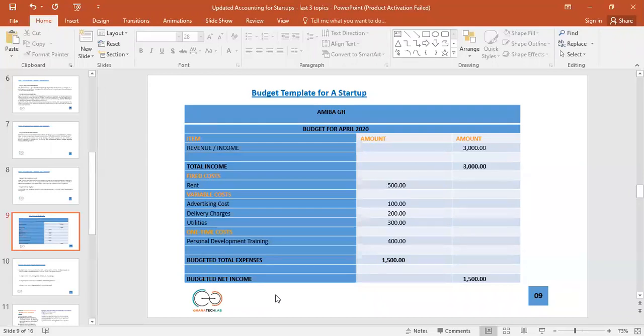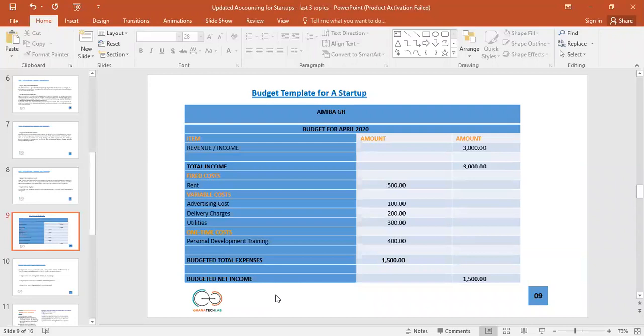Then advertising costs. Probably she had to do more advertisements so she could get more sales in order to meet the revenue. So she realized that she spent more than the 100 cedis. Maybe she spent 200 cedis. So her variance is the 200, that's the actual amount that she spent, less the budgeted 100 cedis. And that gives her an overspending of 100 cedis.